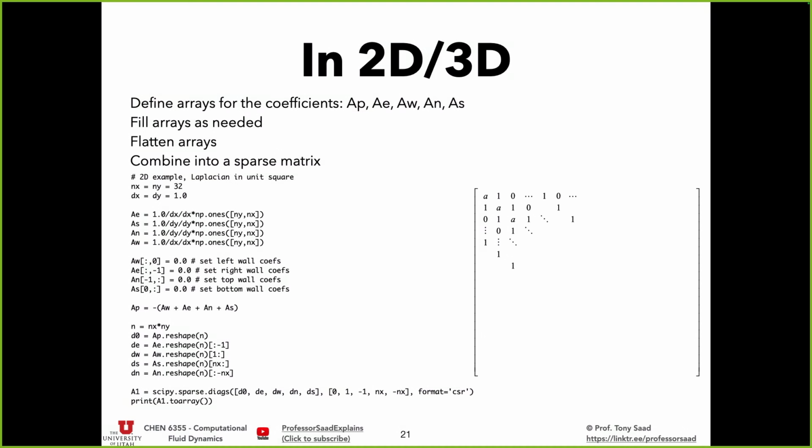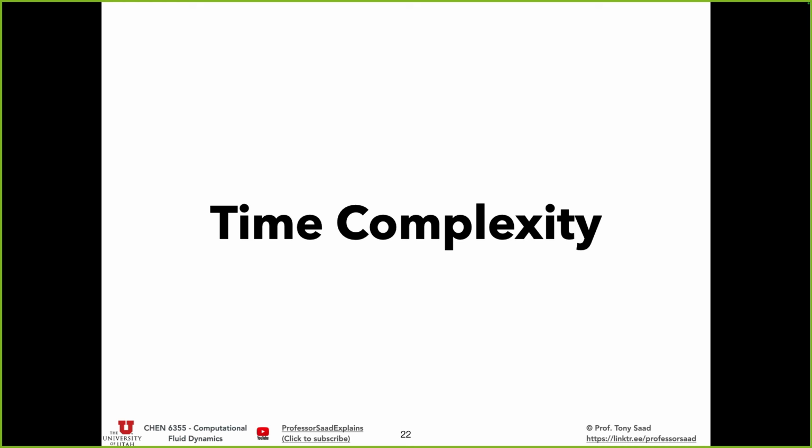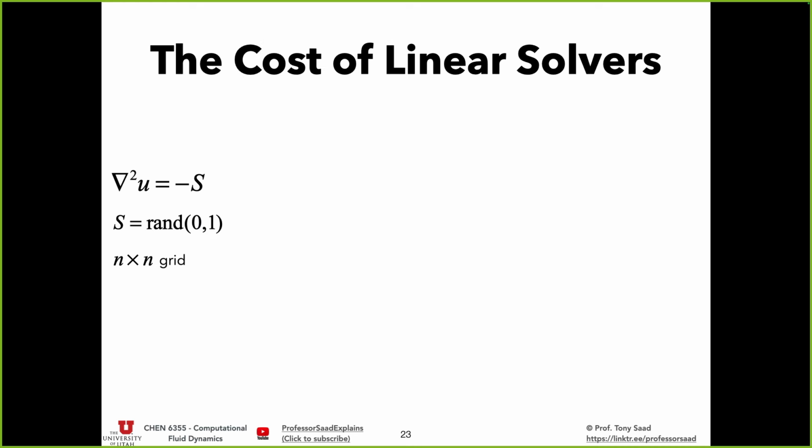So we fixed the space complexity problem by using a sparse matrix representation. Time complexity is more complex to handle, because that depends on the algorithm that you're using to obtain the solution. So first I want to show you the cost of linear solvers.